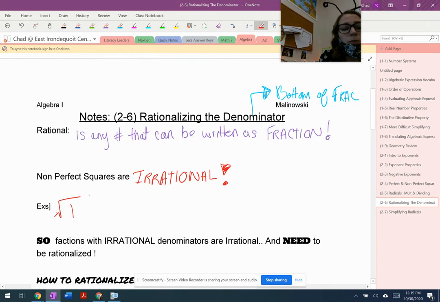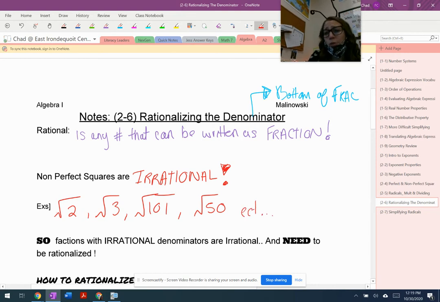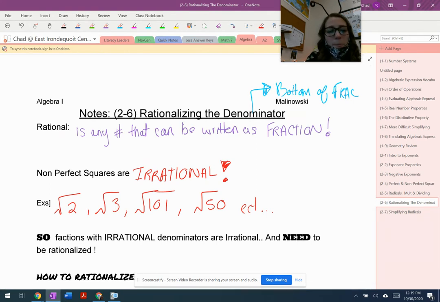So the square root of 1 is a perfect square. Square root of 2, square root of 3, square root of 101, square root of 50, etc., etc. Anything that's not one of those perfect squares, like square root of 1, square root of 4, square root of 9, square root of 16, square root of 25, square root of 36, etc., etc., etc.